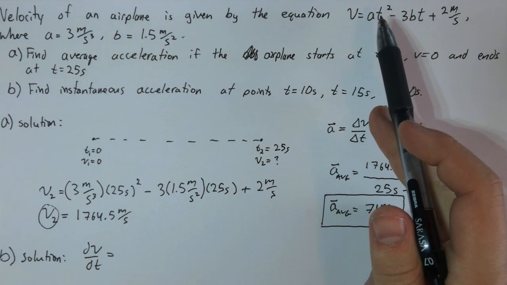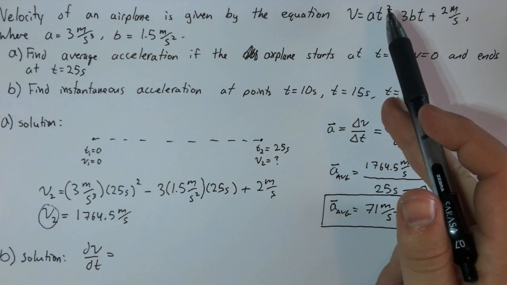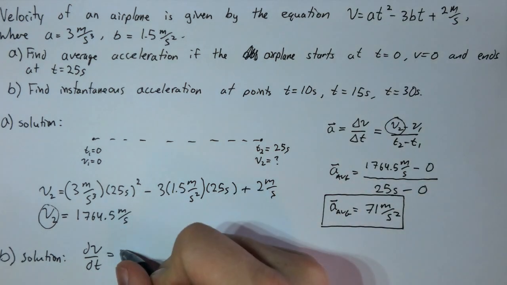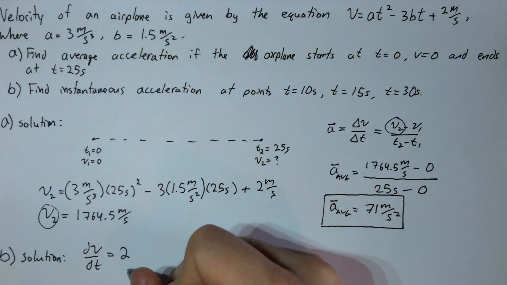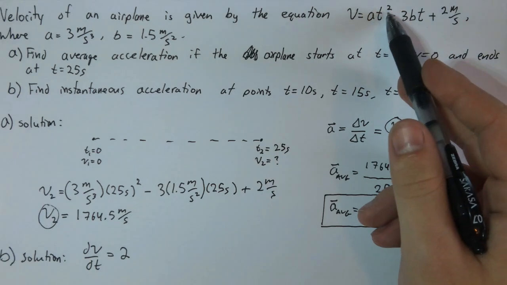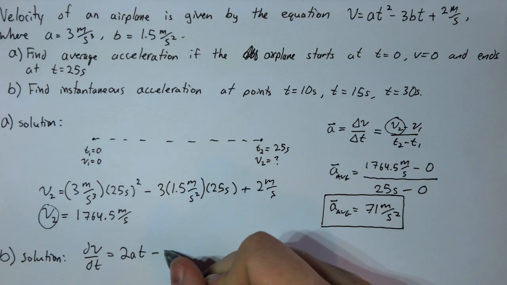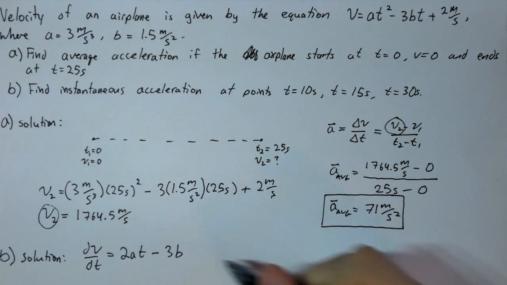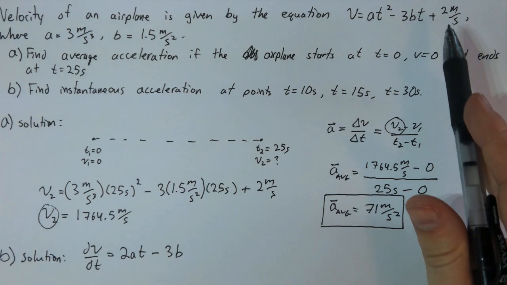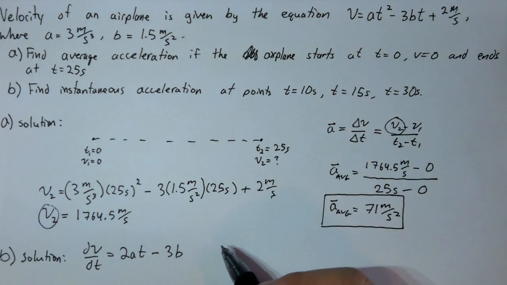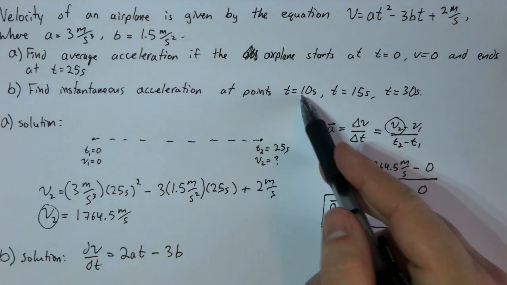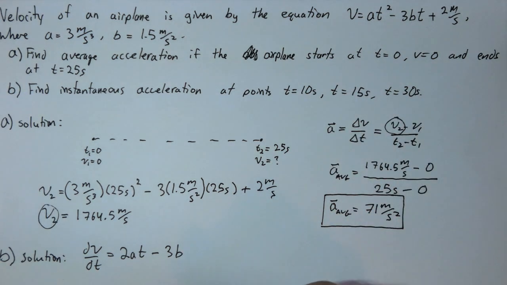So we're taking derivative with respect to time, meaning we can bring down our exponents from our time variables. So that's 2at minus 3b. And then the constant, of course, is 0. And now we can just plug in our values for each of these points.